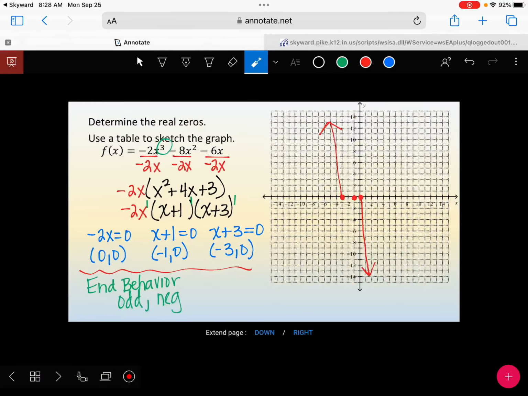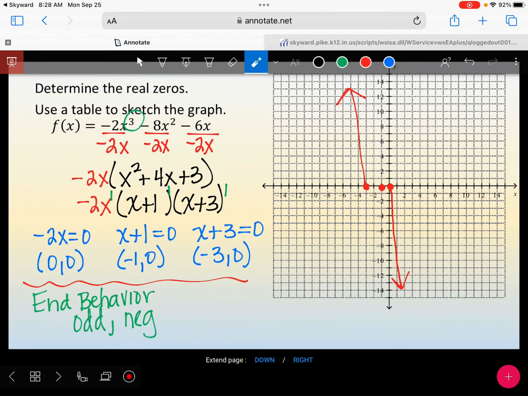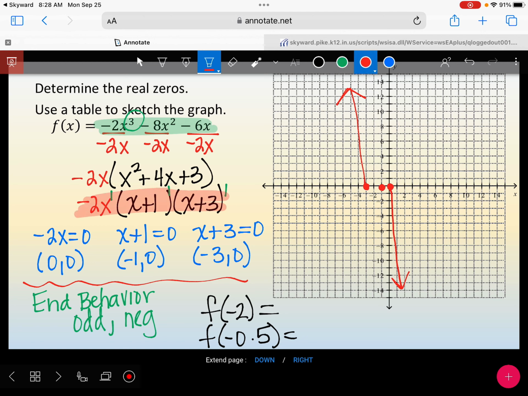So let's go ahead and pick up your calculators and substitute in negative 2 and negative 0.5. And it doesn't matter which format you use. You can use standard form, which would be this one that I have highlighted in green. Or you can substitute it into the factor form. You get the same answer if you use the green way or the pink way. It does not matter which way you use it.